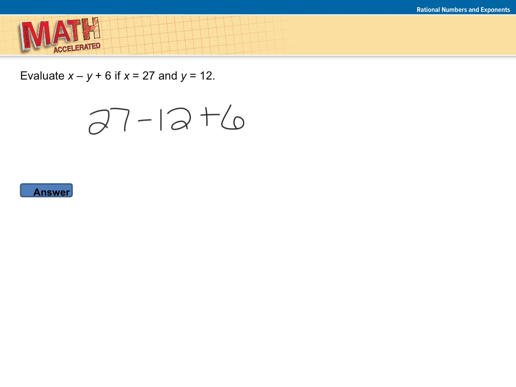Dawson: 27 minus 12. What comes first in PEMDAS? If it's add and subtract, we're going left to right. So 27 minus 12 gives us 15, plus 6 gives us 21. Good. So once you substitute, then you are using order of operations.